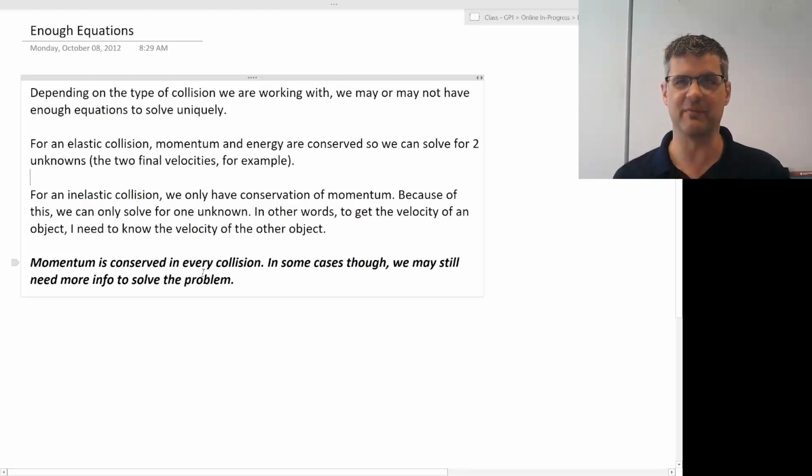One thing to keep in mind through all of this video and all of the examples that we're going to do: momentum is conserved in every collision. In some cases, we may still need other information, but one thing is true. If you are trying to do a collision problem without using conservation of momentum, you are doing it wrong.